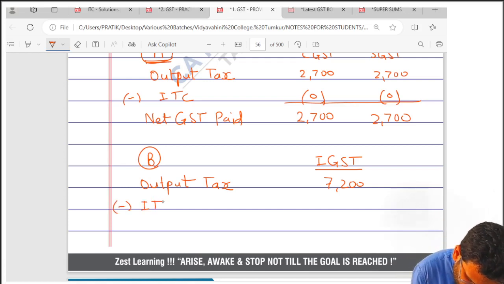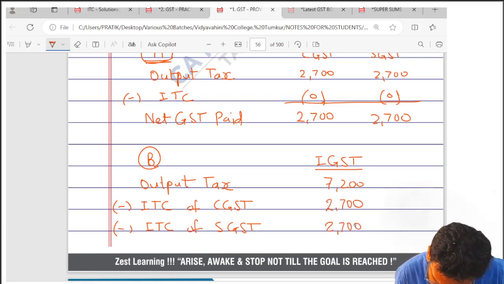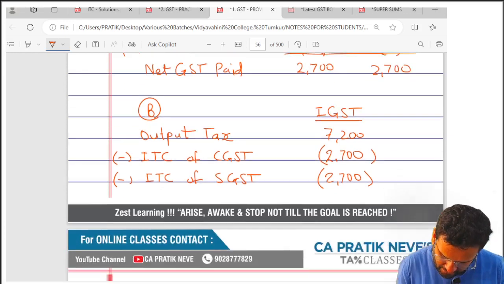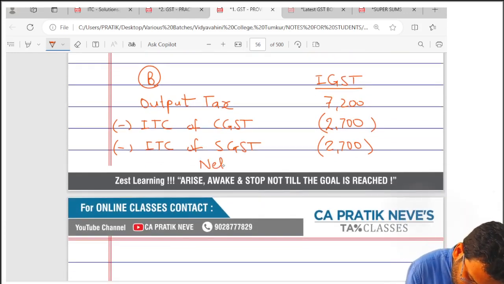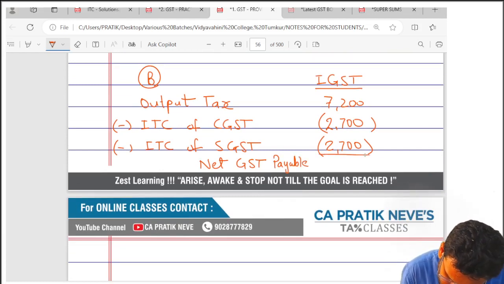Less ITC of CGST and less ITC of SGST. How much? 2,700 each. So what is net GST payable? Which GST is it? IGST. So what is net IGST payable? 1,800.